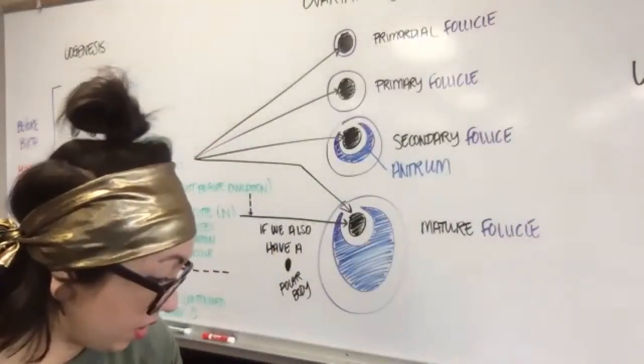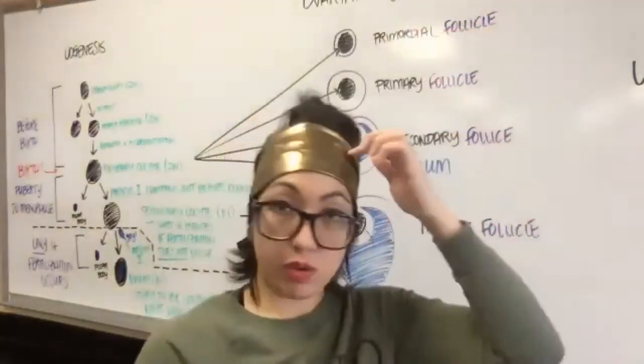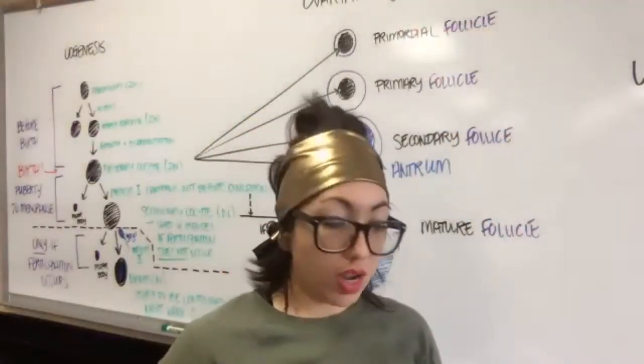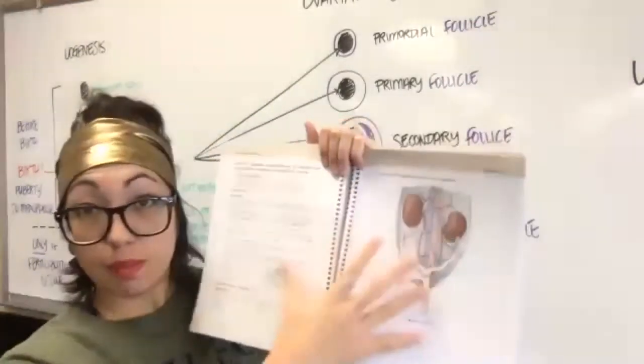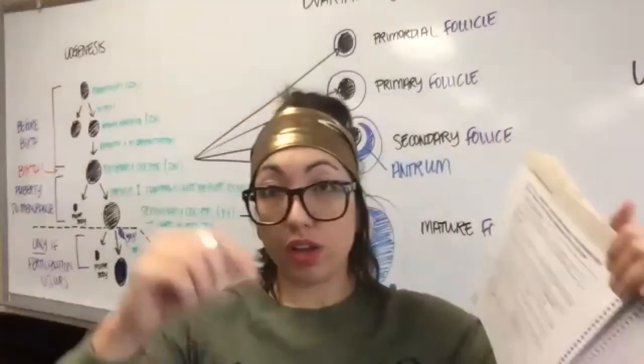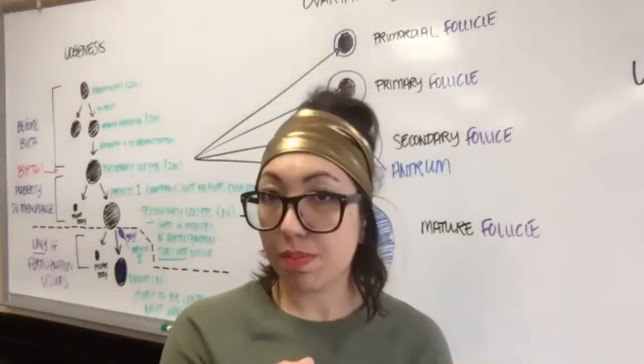And those numbers correspond with these numbers right up here. The nice thing is those are already labeled for you. You can just look across, but I always recommend that even though it's already numbered and labeled for you, have this open while you're watching the cat dissection video so you can see what the real example looks like.